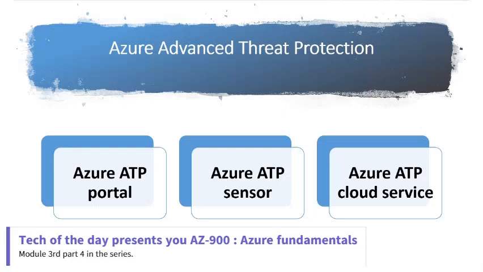You will have a question related to ATP in your exam, and it might be related to the Azure ATP sensor. And then you have the Azure ATP cloud service, which runs on Azure infrastructure and is currently deployed in United States, Europe, and Asia.